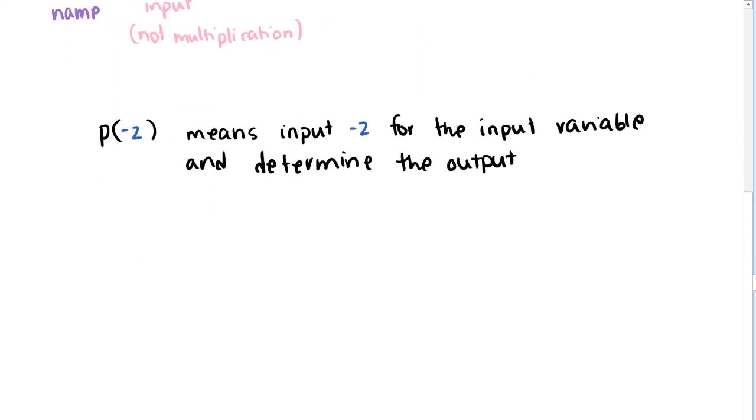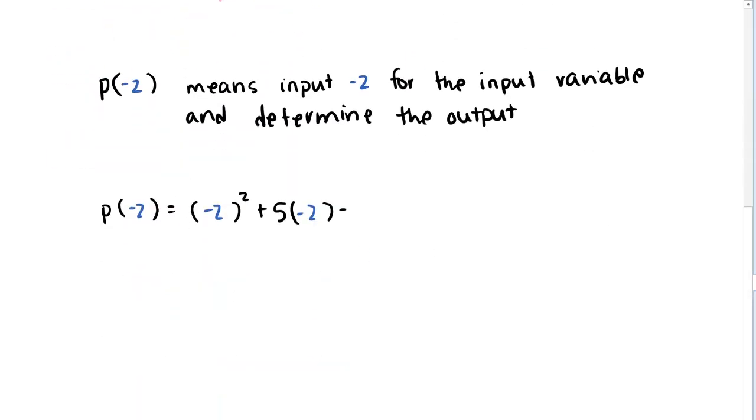Right? So really, if I wanted to determine p of -2, and here p really represents our function above, p of negative 2 would look like, well, I'm going to plug in negative 2 for x. Right, everywhere I see x in my function, my input variable, I put negative 2, and then minus 6, right? And so we get out negative 2 squared is 4, plus 5 times negative 2, so actually this should be minus 4 minus 10 minus 6.